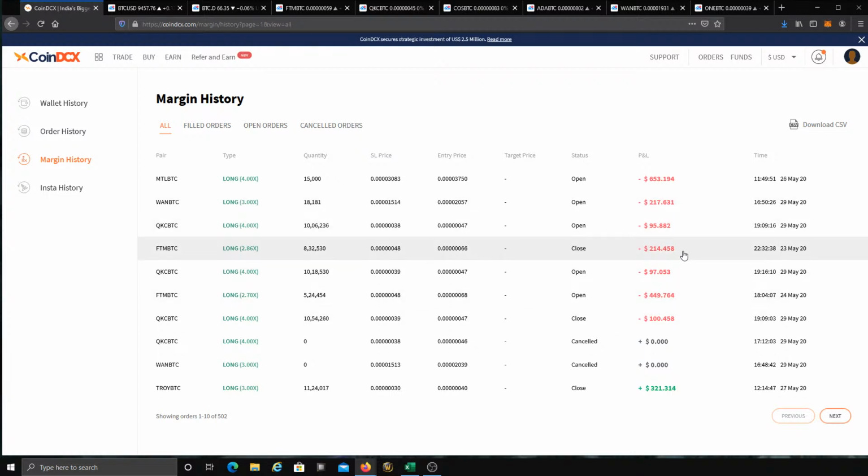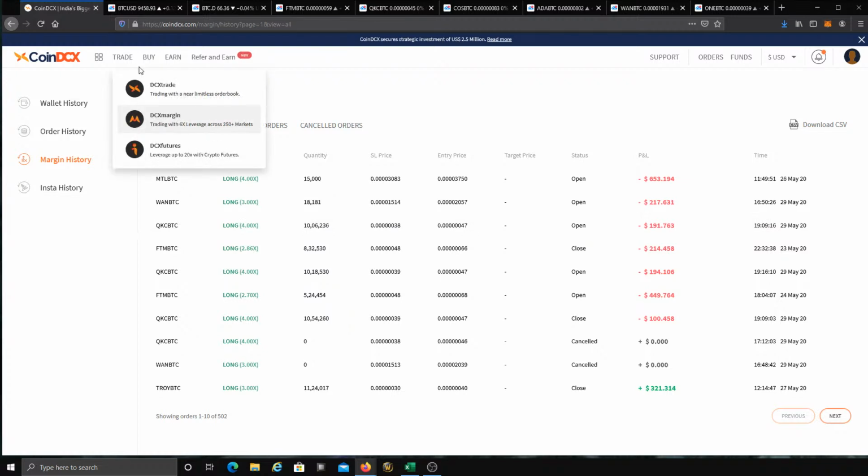So yeah, those are my trades. Kind of just an insight into scalp strategies and how to develop your mindset around margin trading altcoins, because they do move a lot differently and a lot quicker than Bitcoin does.